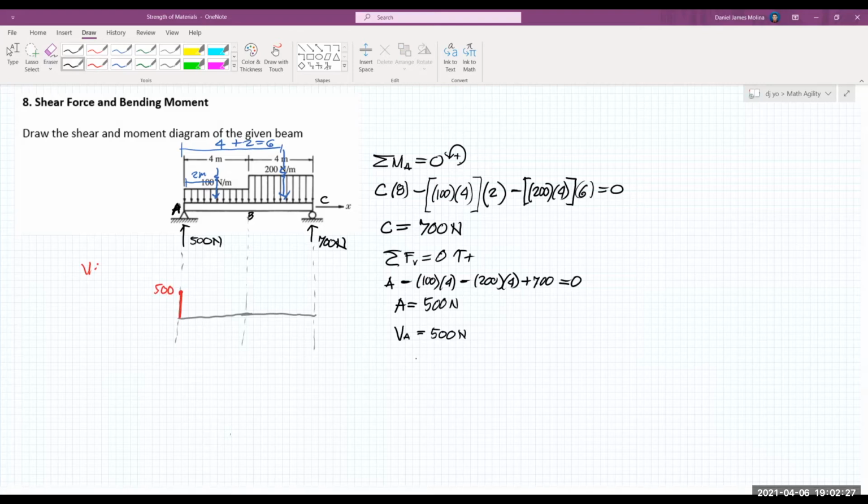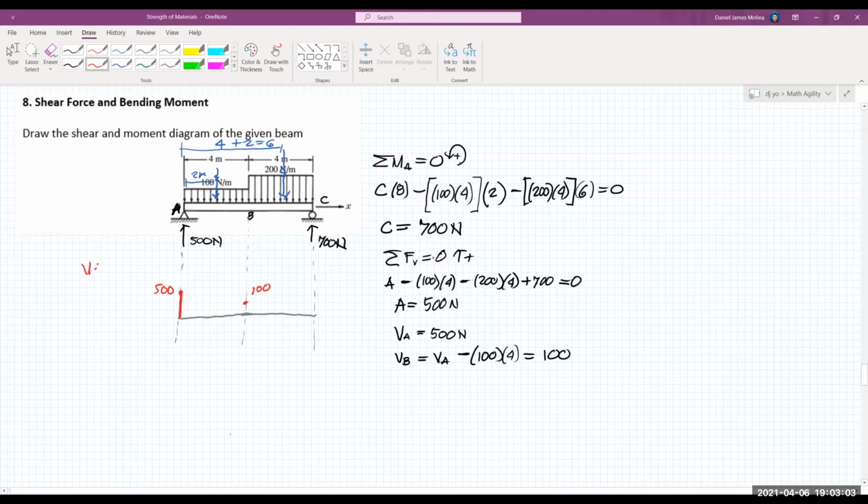Next, let's solve for the shear at B. To solve for the shear at B, we have VA, that's the shear at A, and then we have a downward distributed load here. So we have minus the magnitude of the total load along AB. Since it's a rectangle, let's subtract its area, minus 100 times 4. So that's positive 100, somewhere here, 100.